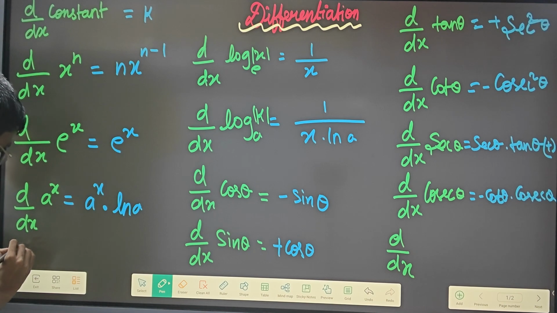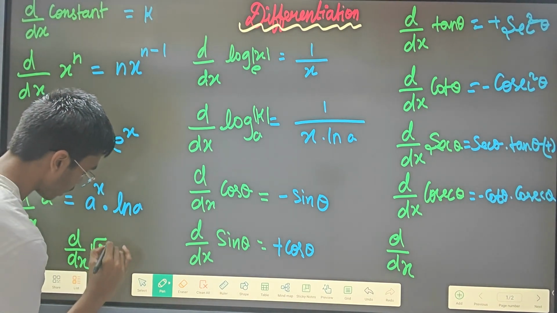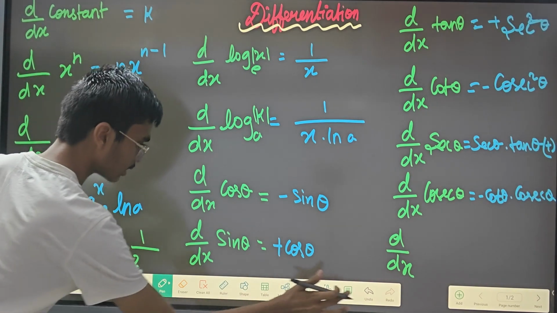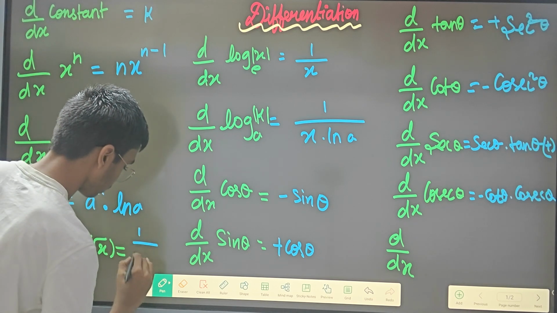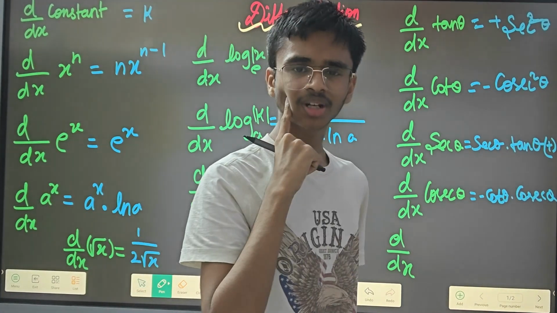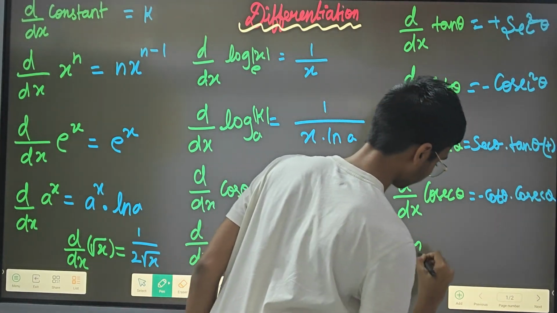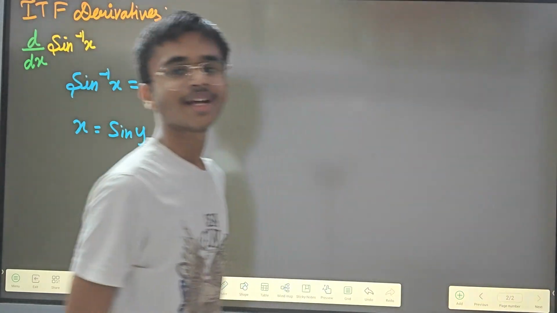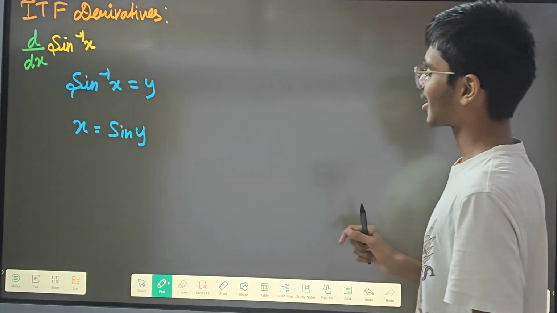Okay, so here I will write d by dx of root x is equal to 1 by 2 root x, and this is going to be x, is equal to 1. Many of you guys even will know the reason. If you know, then comment in the comment section. If you don't know, then you can write it in the comment section.